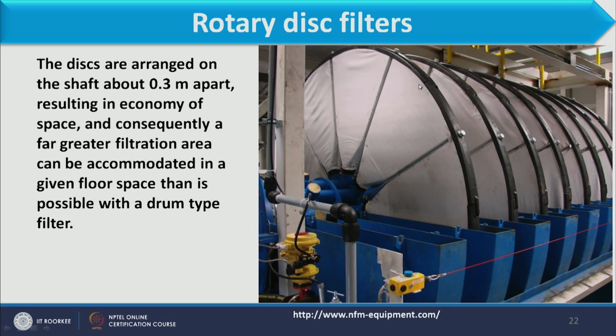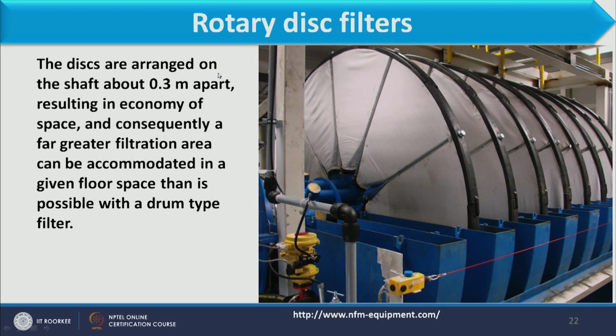Because cake is formed on the surface on both sides of the disc, the filtrate which is collected passes through the shaft. At the other end, the filtrate is collected, and the cake formed over this surface can be removed by the knife, which is radially attached to this disc.